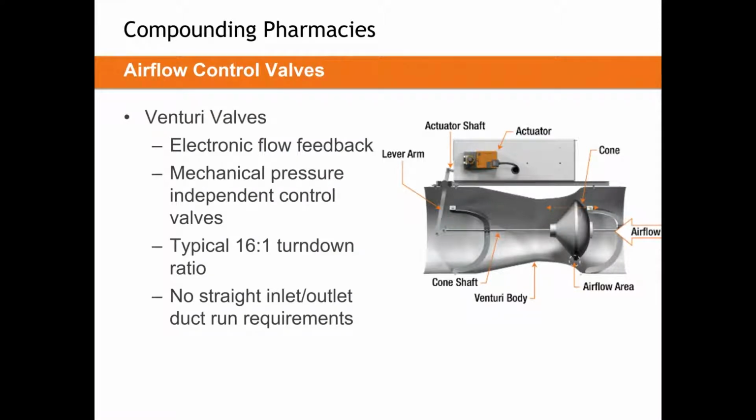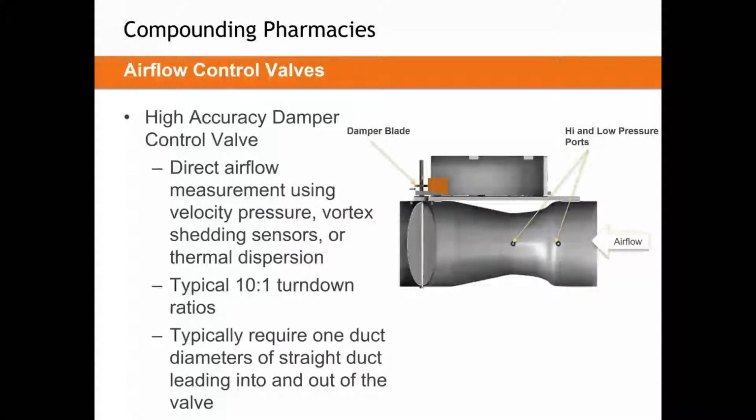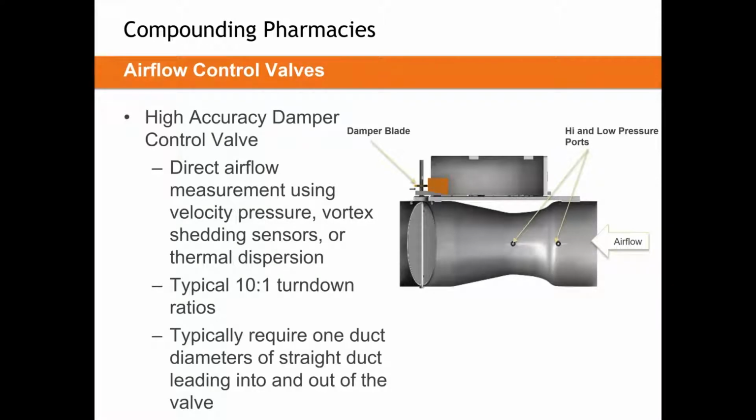Now, I'm going to jump back 1 slide once more. Any high-accuracy terminal by any manufacturer, even any VAV box by any manufacturer, is a closed-loop device. It measures flow, and it moves a damper to correct for it. So whether we do this constant volume, 2-position, or full VAV, it's the exact same device.